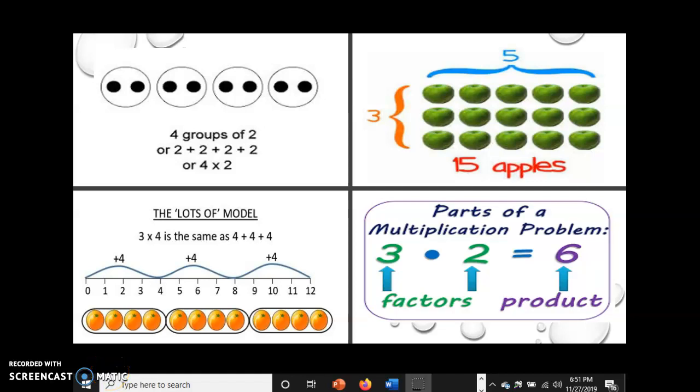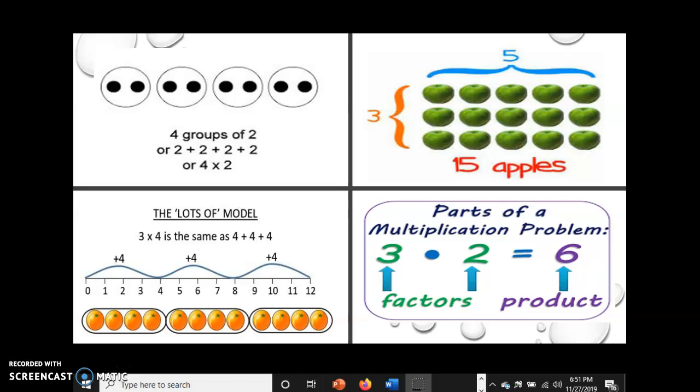Okay, class, and our last example is a number line, and this again is another math multiplication strategy that you can use when you're working on your multiplication problems. In this example, we see a lot of oranges at the bottom, and we see a number line.